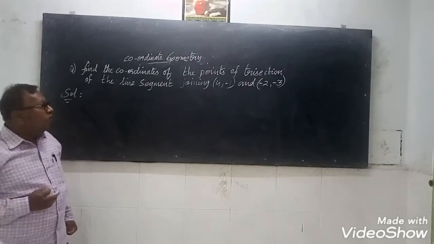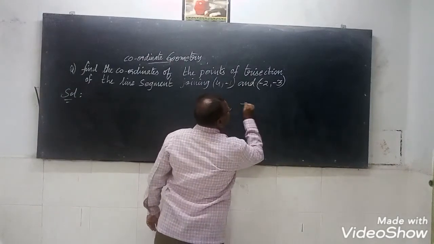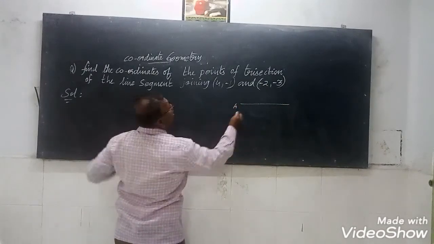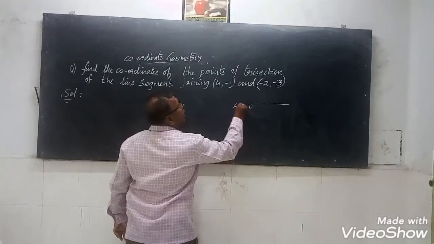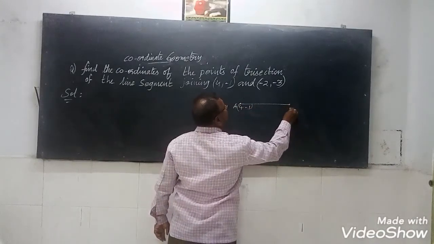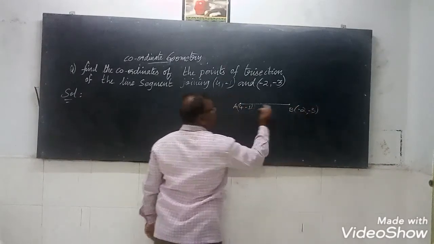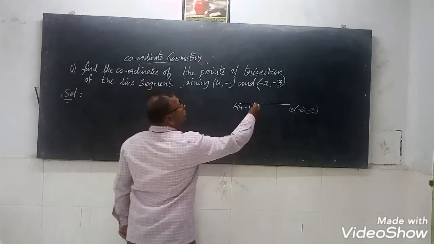Now let us imagine this is a line. This is A whose coordinates are (4, -1), and this is a point B whose coordinates are (-2, -3). We have joined these two to get a line segment AB. Now we will divide it into 3 equal parts.